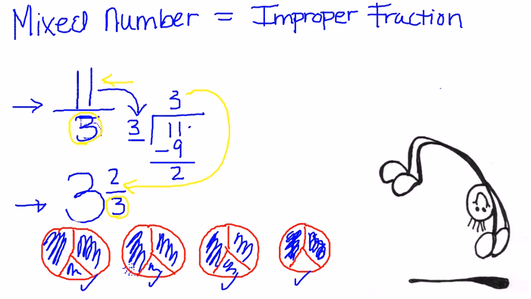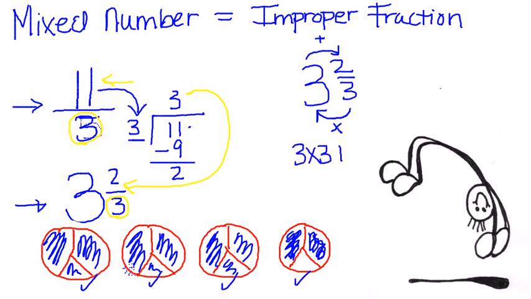We should be able to do the backflip and the cartwheel and end up with the same numbers. 3 and 2 thirds was the answer that we got over here. Let's check to make sure that we can get back to our improper fraction. Our cartwheel goes around this way with times, and then goes around this way with addition. So we multiply 3 times 3, and then we add 2 to that.